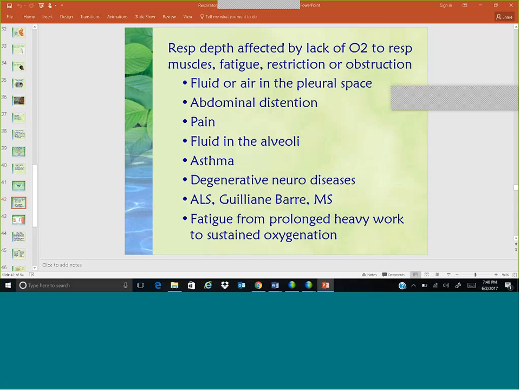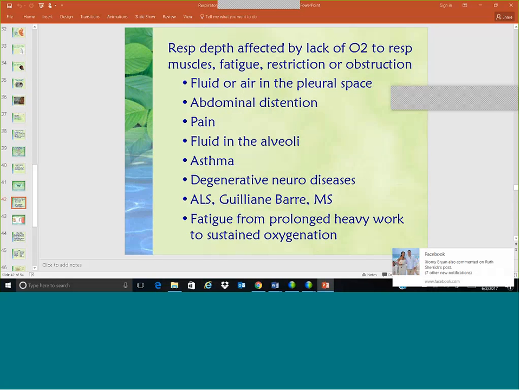Abdominal distension is going to invade that respiratory cavity and not allow you to get a full breath. Any type of diaphragm paralysis would certainly cause an issue. Even pregnant women may be short of breath, maybe someone with cirrhosis of the liver who has ascites, even just a very large obese abdomen could be an issue.